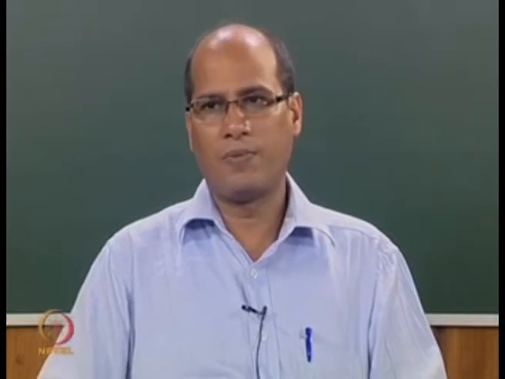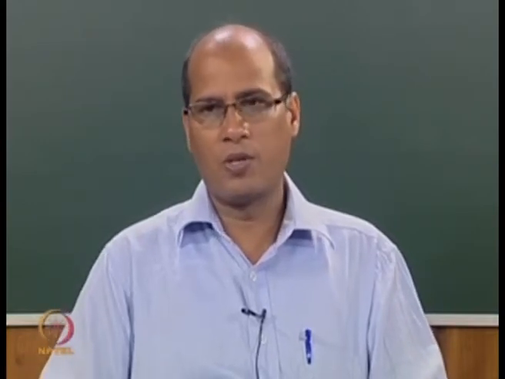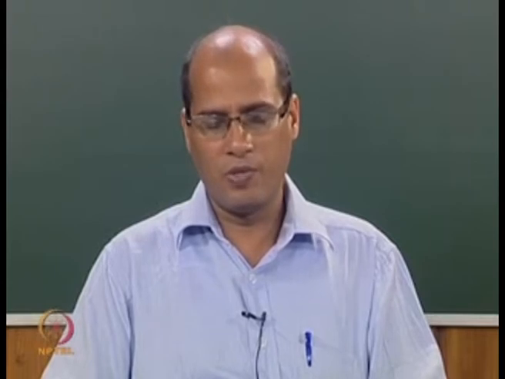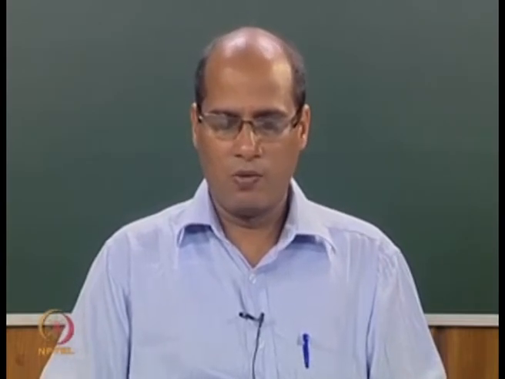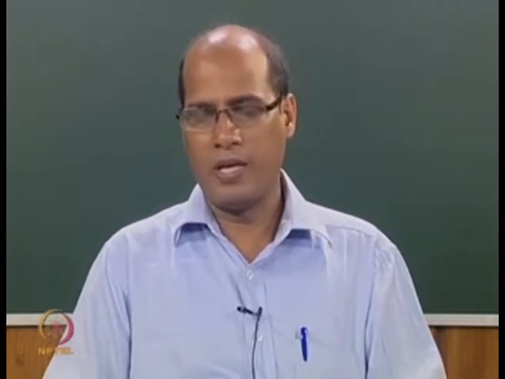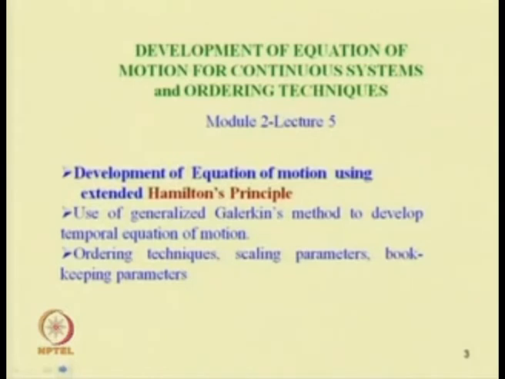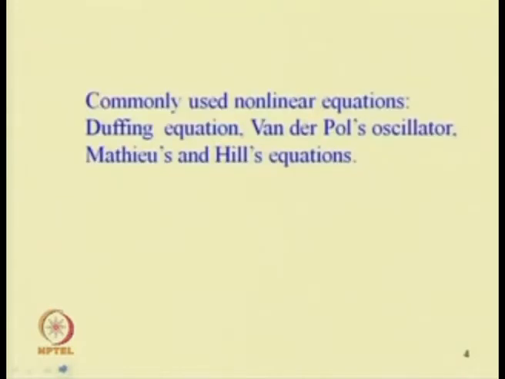In the last class we developed the equation of motion of the continuous system using Newton's second law or D'Alembert principle. Today we are going to derive the equation of motion using the extended Hamilton principle. Let us take a simple example of a linear system before going for the nonlinear system.